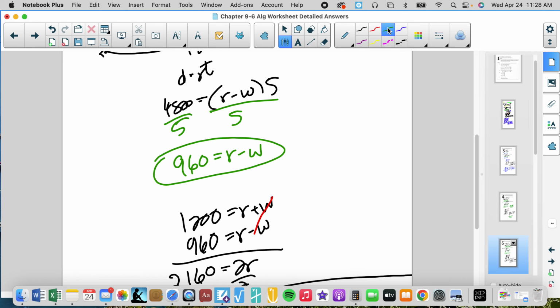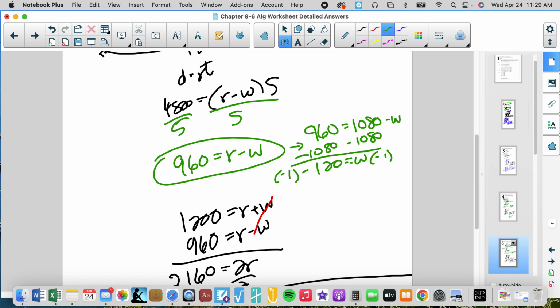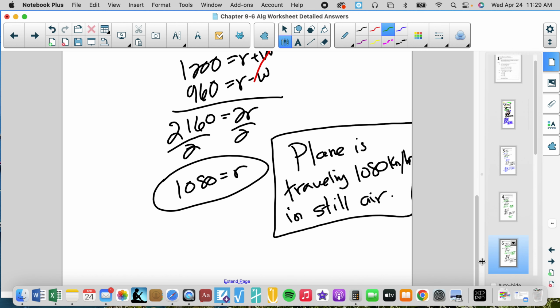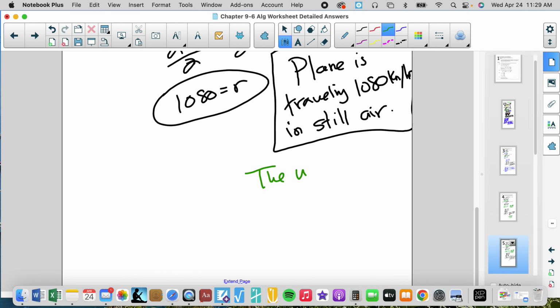So we can take this. 960 equals 1080 minus W, minus 1080 on both sides, and that's negative 120 equals negative W, multiplied by negative 1. 120 equals the wind. That is a heavy wind. The wind is blowing 120 kilometers per hour.